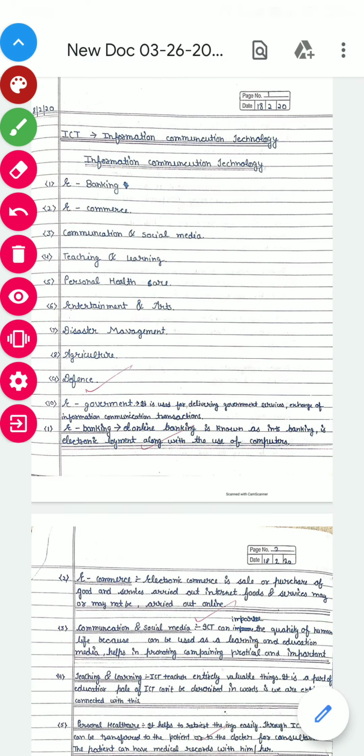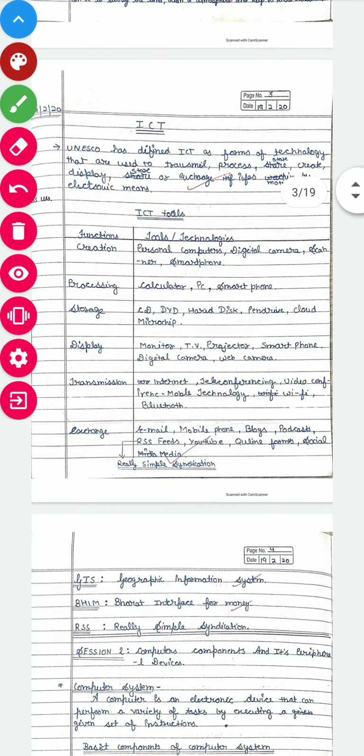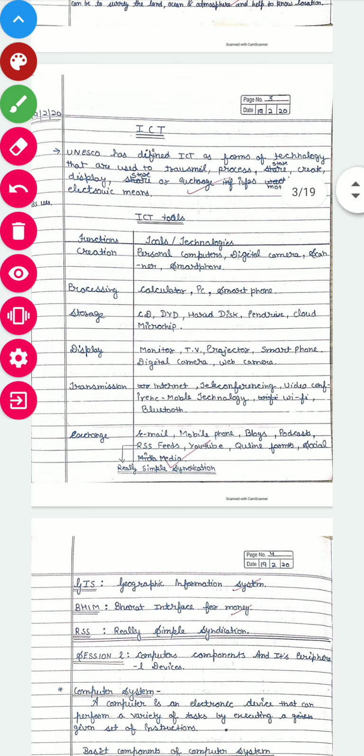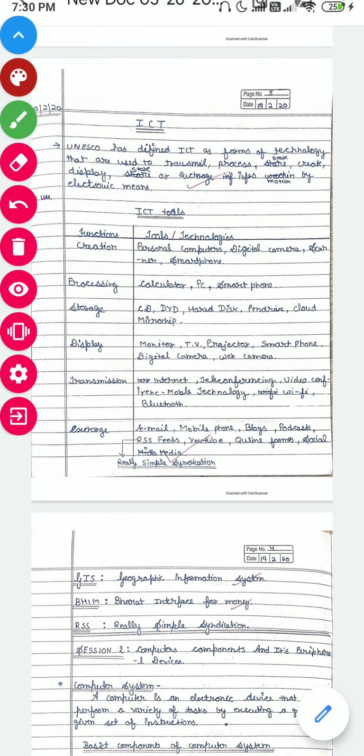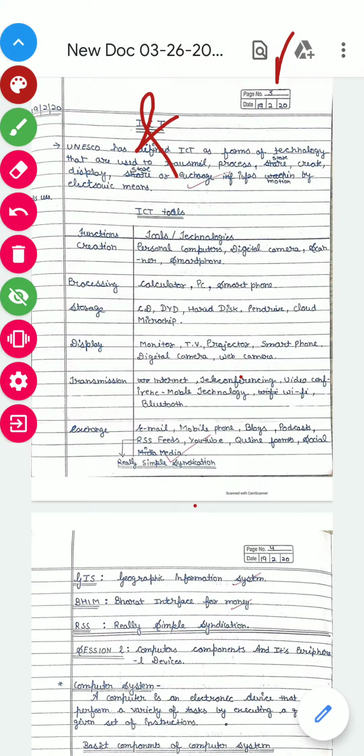So we will move on to the next part: what is ICT and what are ICT tools and technologies. The definition of ICT is given by UNESCO: it is a form of technology that is used for various purposes.